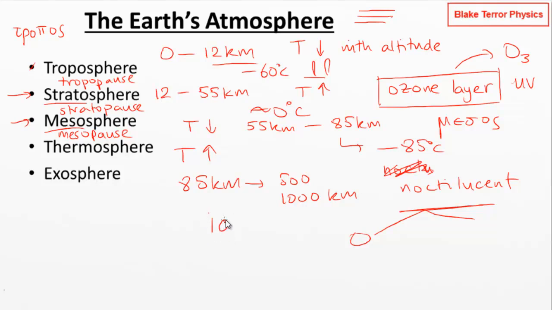This is where we then get the ionosphere inside the thermosphere. We've got loads of charged particles in the ionosphere. Again, I didn't include it in these spheres because it's not defined by temperature profile. It's defined by the fact that it's got these charged particles. This is where aurora occur.